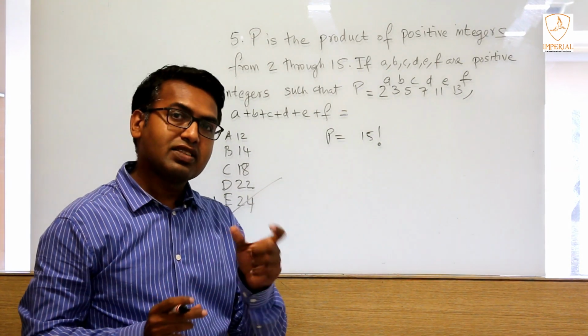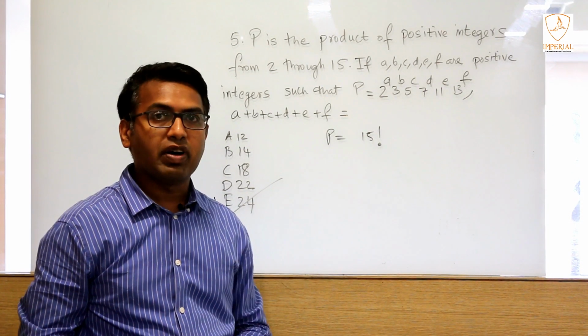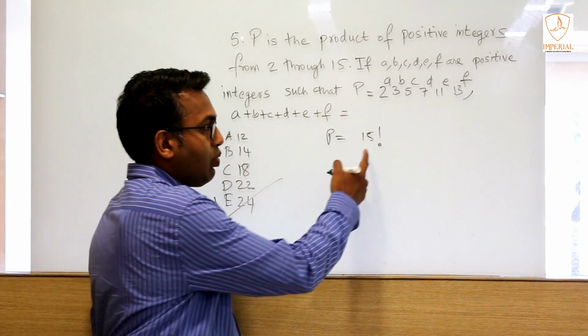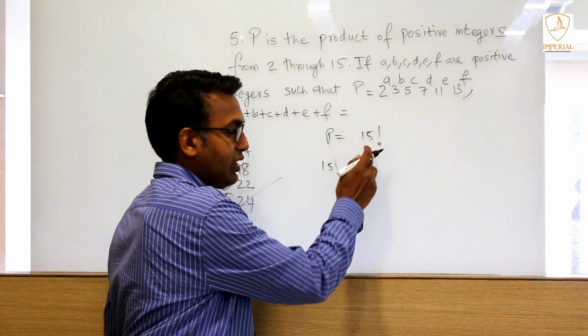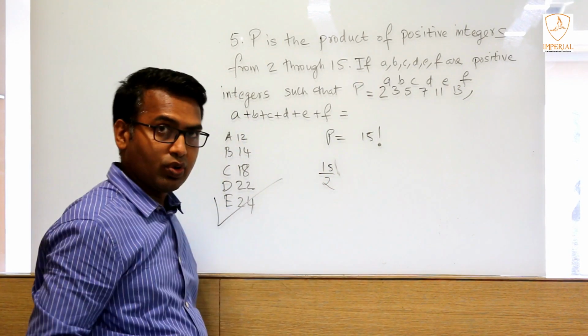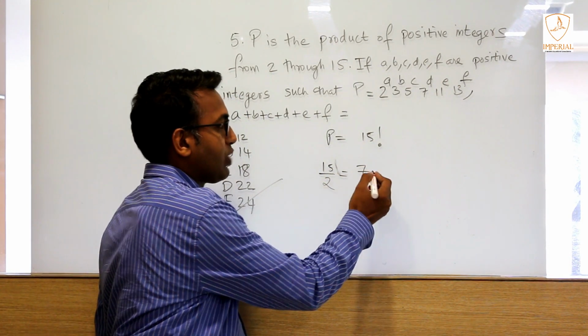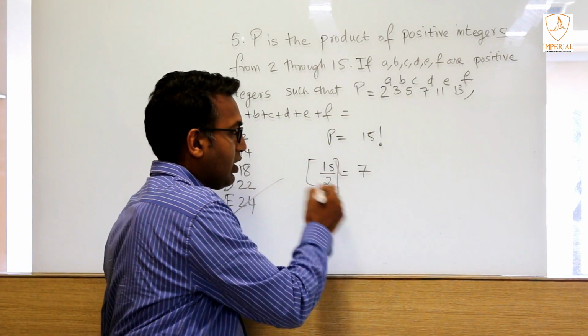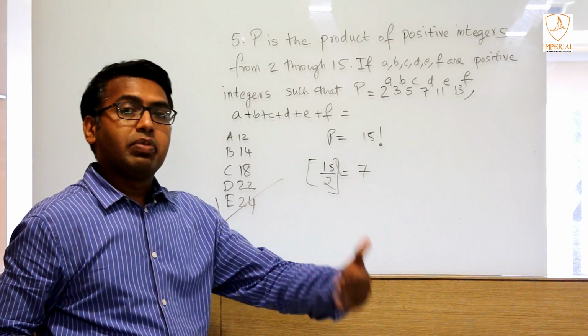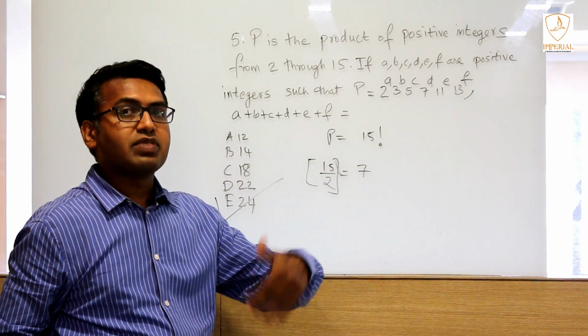There is a shortcut way of finding the power of a prime number. Let's say I want the power of 2. You start with that number and start dividing by 2. So 15 by 2 you get 7 point something, just take the integer value. Next, again divide by 2 because it will give you the next power of 2.